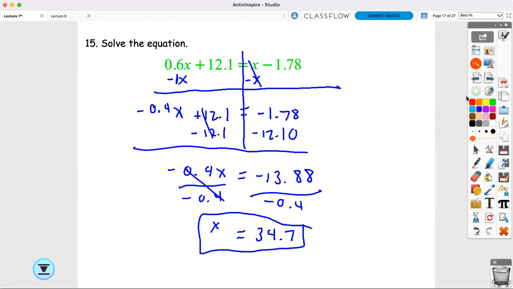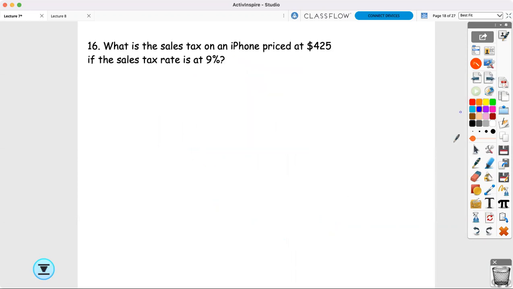All right, moving on. Here is 16. What is the sales tax on an iPhone priced at $425 if the sales tax rate is at 9%?